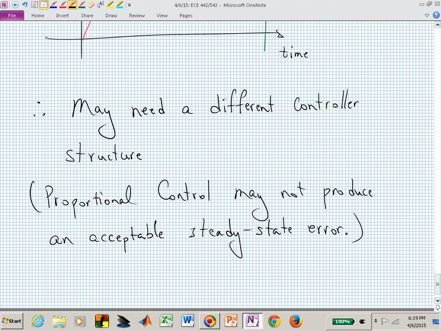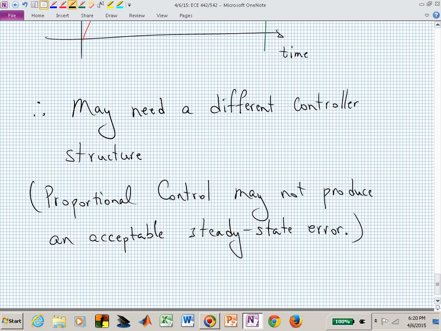Is that clear? So if you're not happy with that steady state accuracy, you might say, oh, maybe I'll make my controller a little bit more complicated. I'll put an integrator in it instead of just a gain. So now I have a gain term and an integral term, and that integral term is good for reducing steady-state error. That's why we might use it.